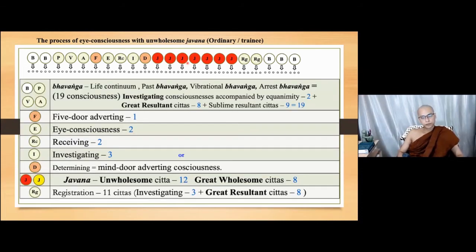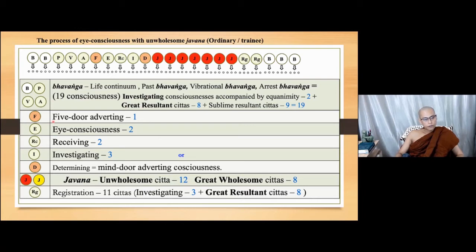And here, all are bhavanga, all types of bhavanga. The possible ways are only 19, but the 19 cannot be at the same time. Each one of them can be bhavanga, the same as patisandhi and death.